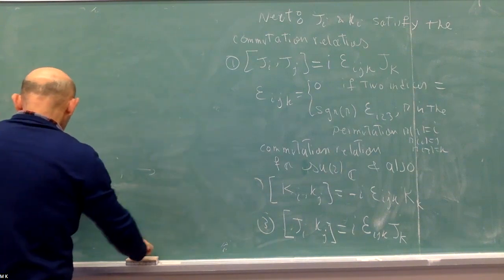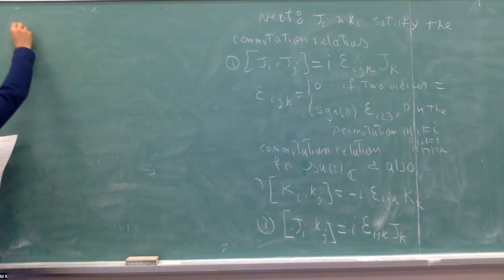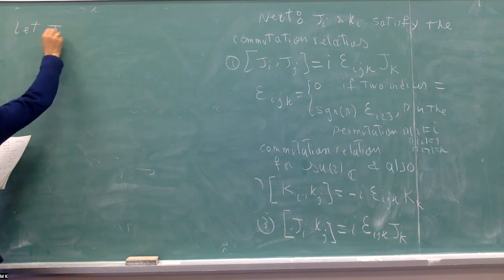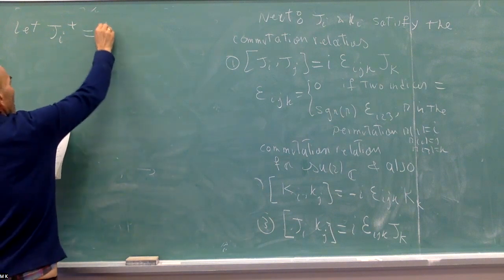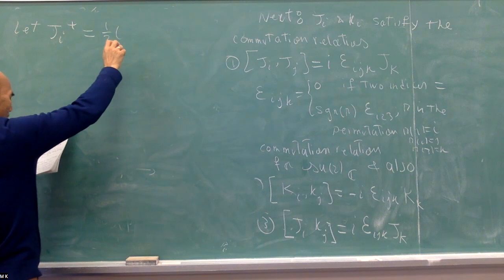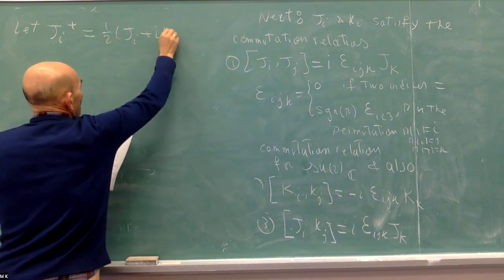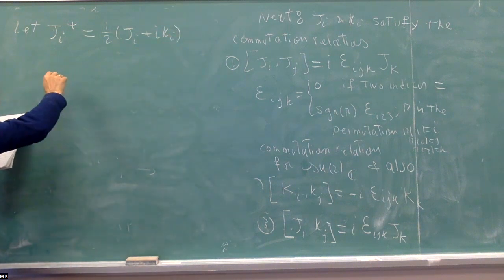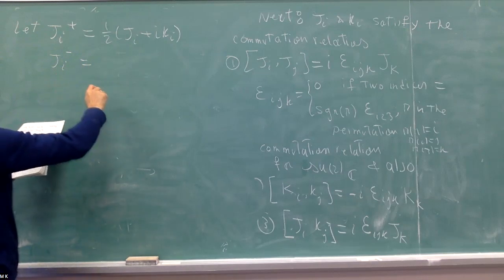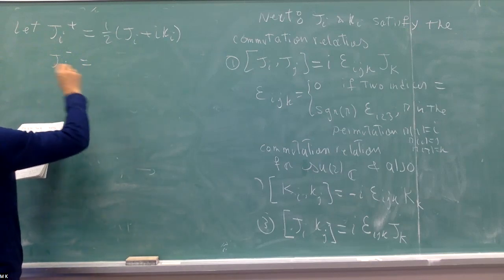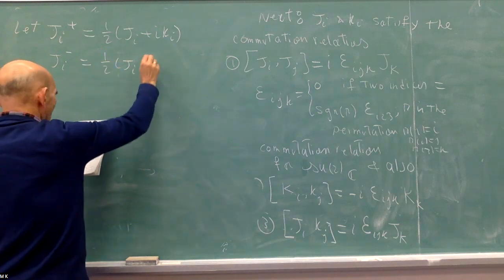There are different notations people use. Let Ji plus, by definition, be equal to 1/2 (Ji plus i Ki), and Ji minus equal to 1/2 (Ji minus i Ki).